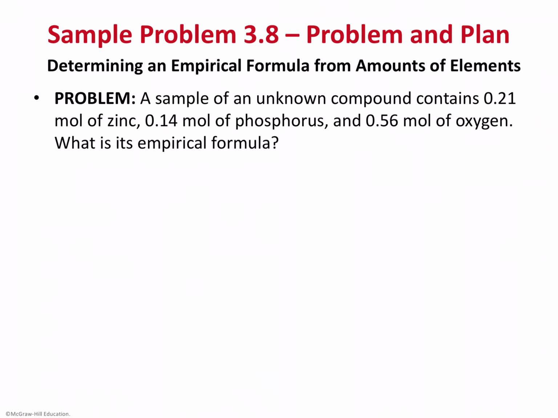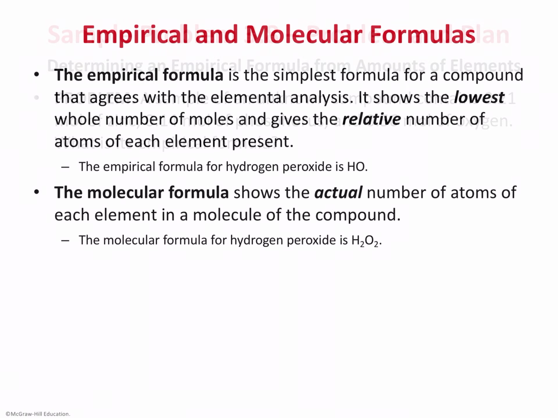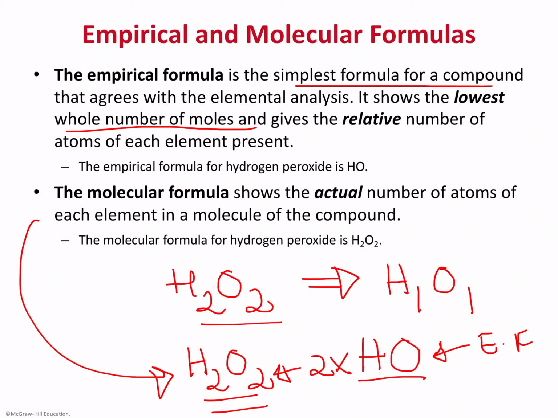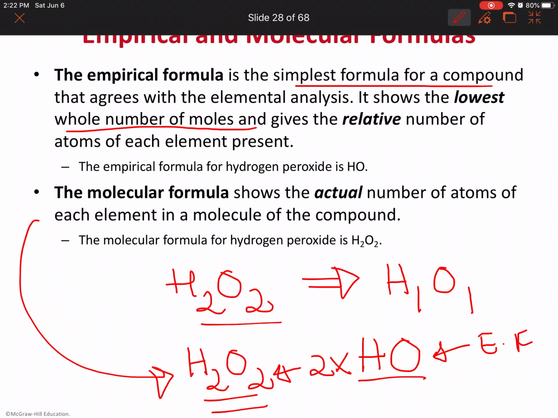Now let's see how we can determine empirical formula from amounts of elements. Normally in our example where we have hydrogen peroxide that says H2O2, or we can consider water as H2O, these numbers H2 and then oxygen has 1, but we normally don't write it. So these ratios 2 to 1, they are molar ratios, meaning how many moles.